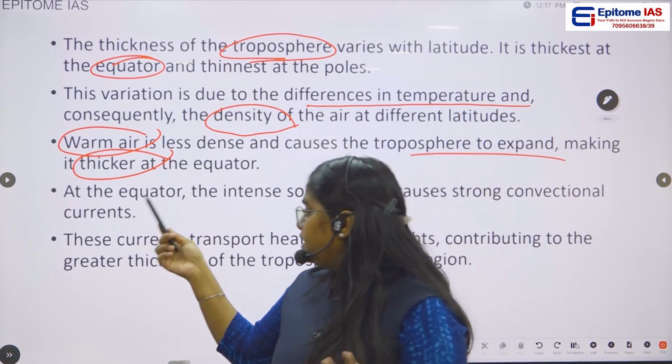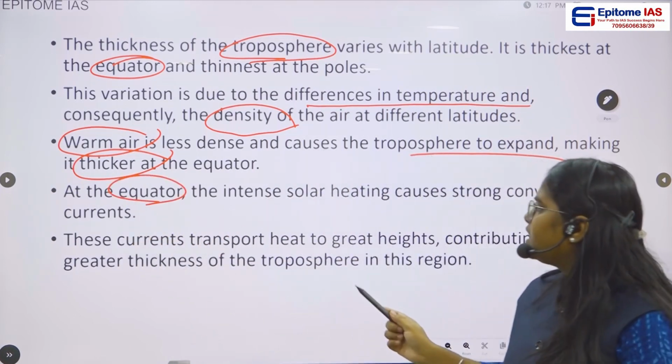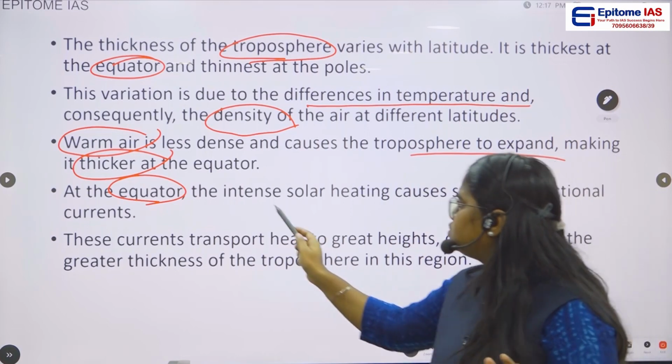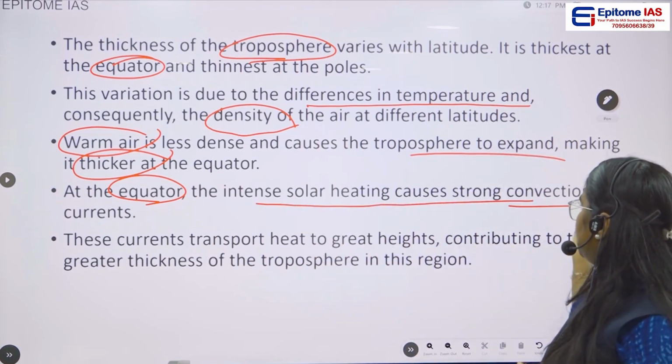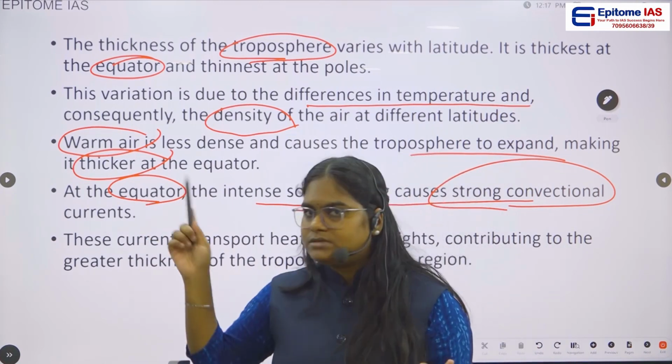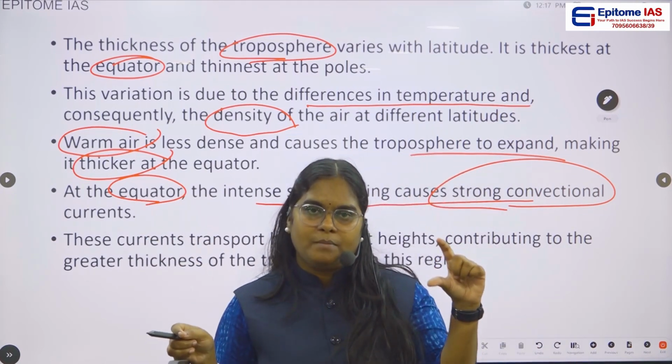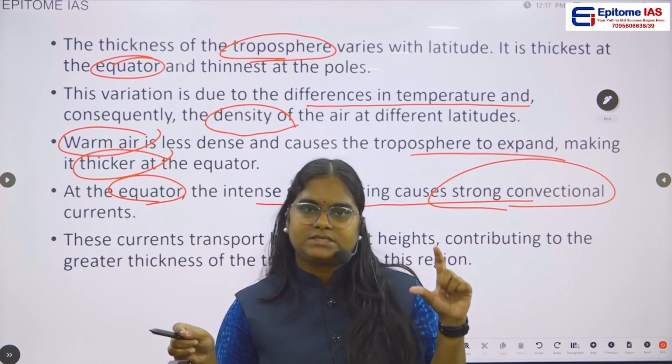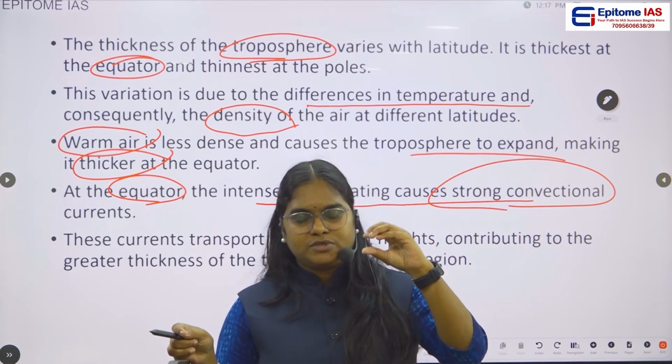And at the equator, the intense solar heating causes strong convectional currents. Again, this is another reason. There are two reasons. One is that the warm air has less density, so the troposphere expands.